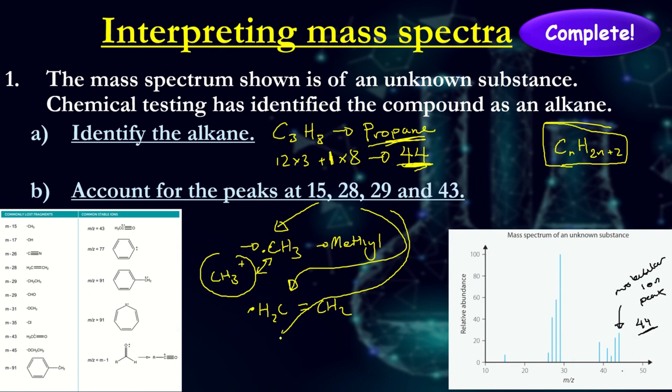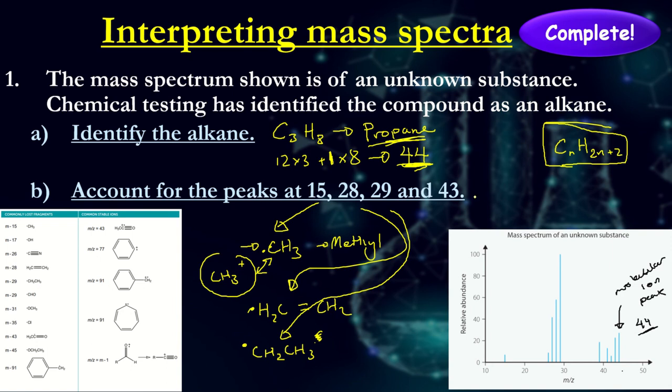29 here would be an ethyl group. You don't need the plus if you're going to do the dot, but you can do the plus either way. On my chart it has an aldehyde group, but the question states that we're dealing with an alkane, so that can't be an option there.